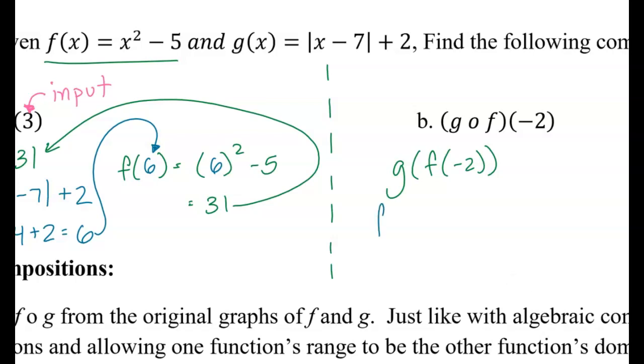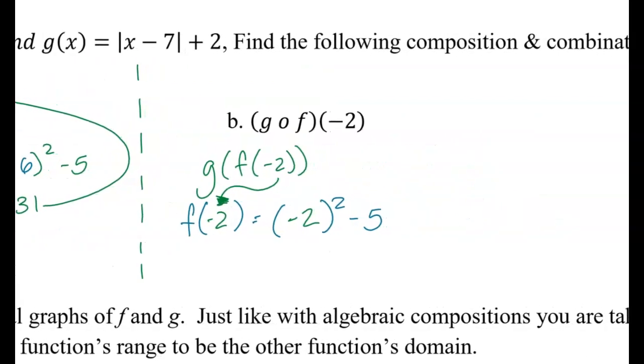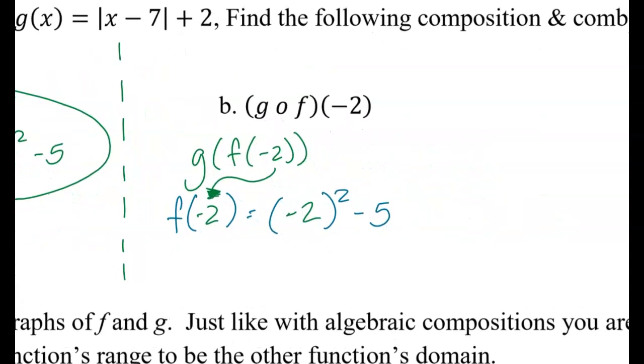So I have negative 2 I'm writing instead of x in f of x. Then negative 2 squared is just 4, minus 5 is negative 1. So this ends up equaling negative 1.